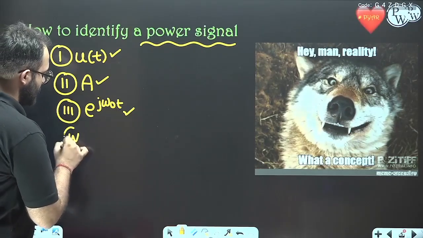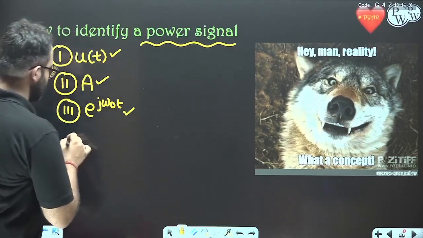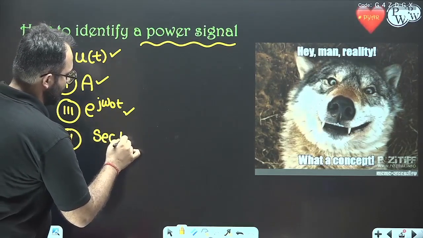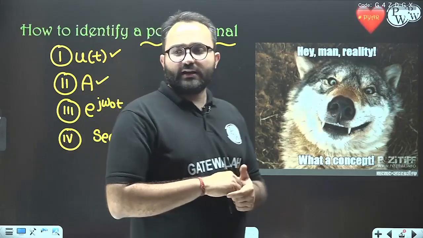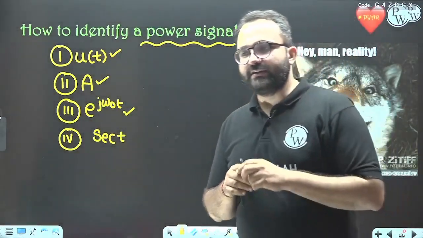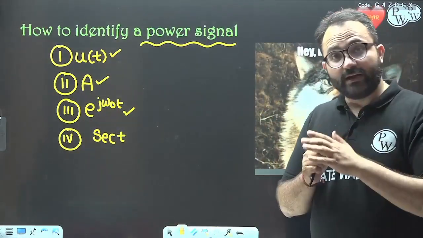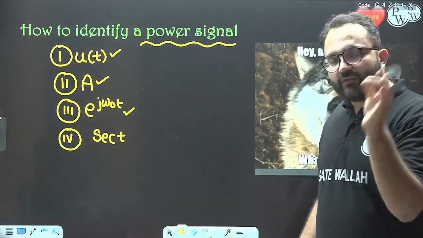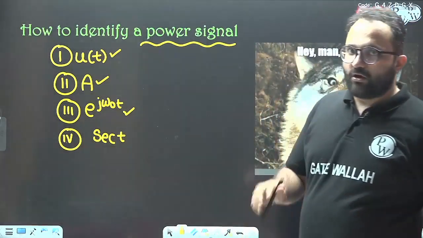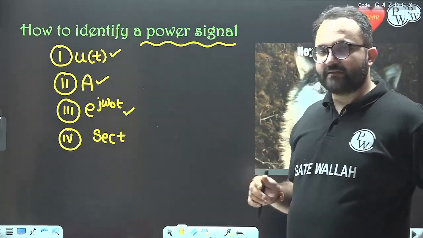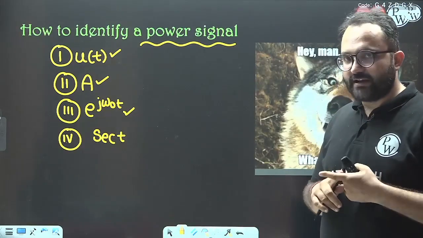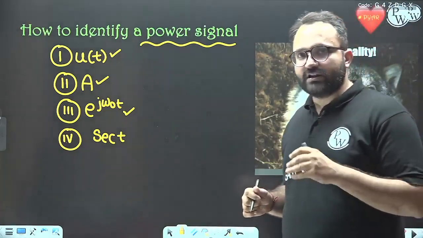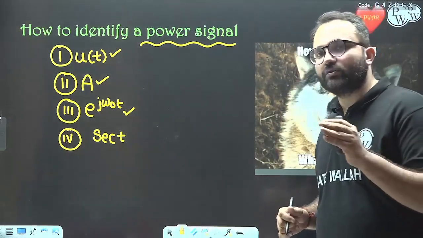Fourth, this is also a very important point. Suppose we have a signal sec t. We know that sec t is 1 upon cos t, and obviously sec t will go to infinity. Since it goes to infinity, even though it is periodic, it is neither energy nor power. We always remember that there are three categories: neither energy nor power, power, and energy. When cos t goes to 0, sec t goes to infinity.